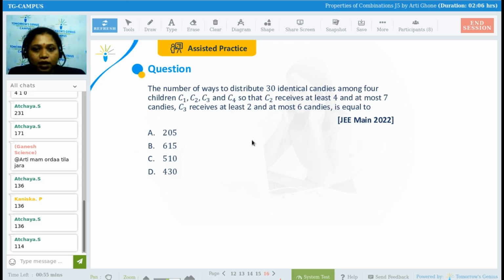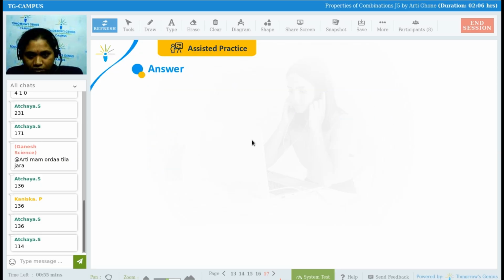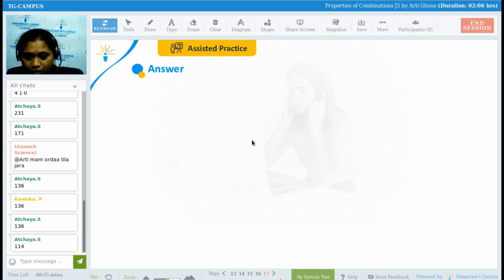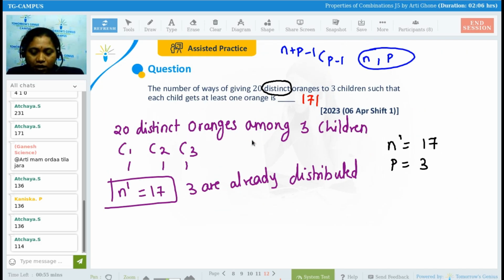Now, the number of ways of distributing, I'll take this question last because it is quite time consuming. This one, 1 upon 1 factorial 50 factorial, means what? What is your observation by observing this question? JEE Mains 2023, we are solving all the current problems only.